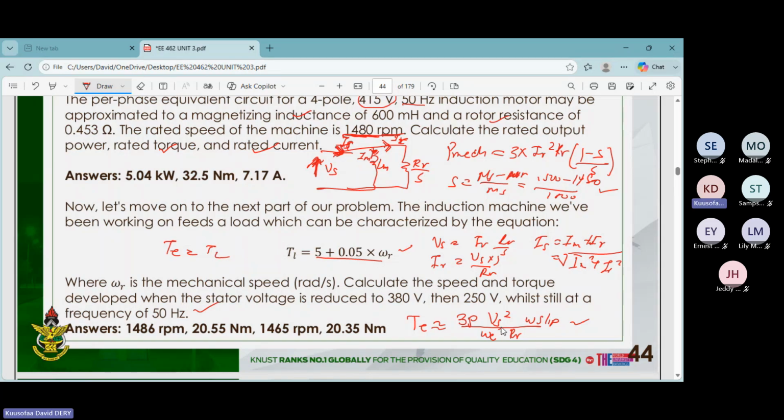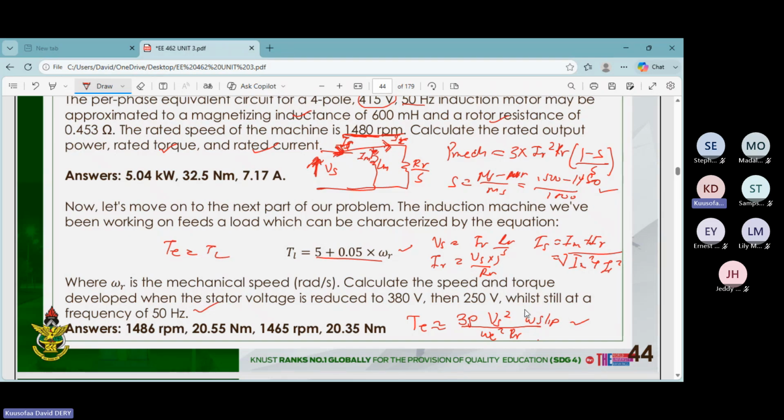Vs here is what? The phase value of this one. So you can calculate the phase value, and you know P already to be 2. We know the frequency is 50 hertz, so we know this one. Omega slip here is what?